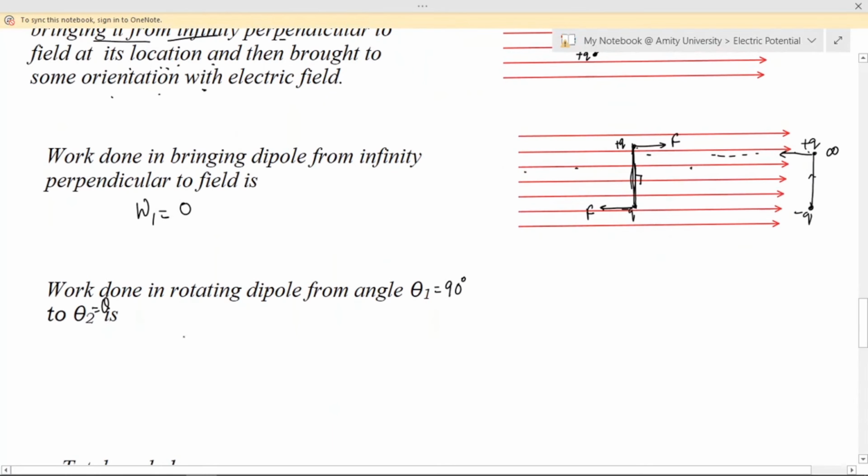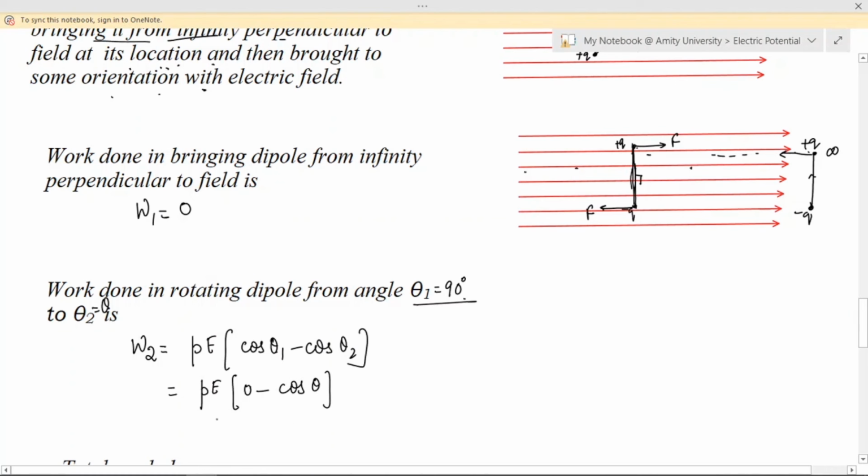So that work done is calculated as W2, we can apply the formula PE (cos theta 1 minus cos theta 2). And we know that theta 1 is 90 degree, and you know that cos 90 degree is equal to 0. So cos theta 1 is 0 minus cos theta.